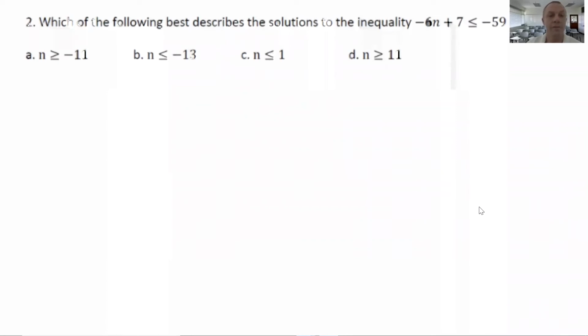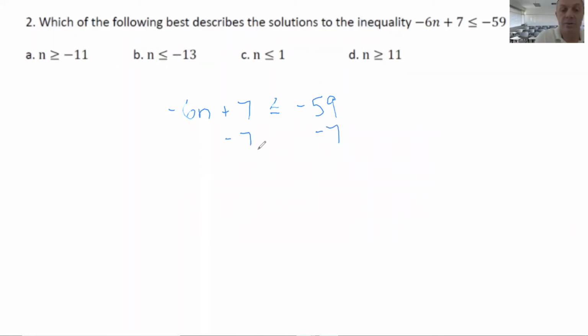Which of the following best describes the solutions to the inequality negative 6n plus 7 is less than or equal to negative 59? It's a fairly straightforward inequality. Let's subtract 7 from both sides.